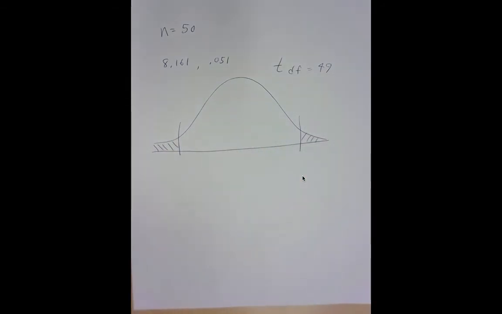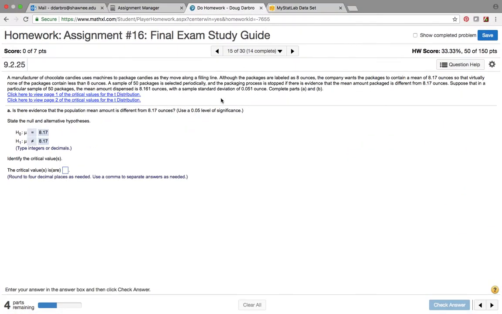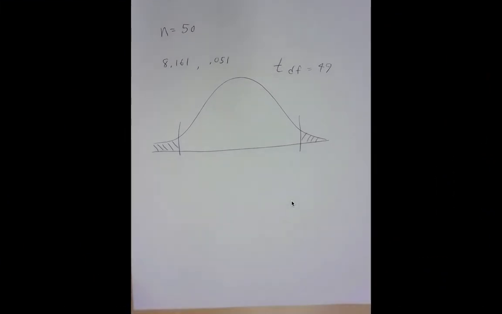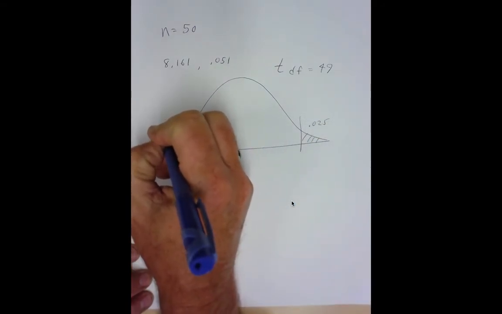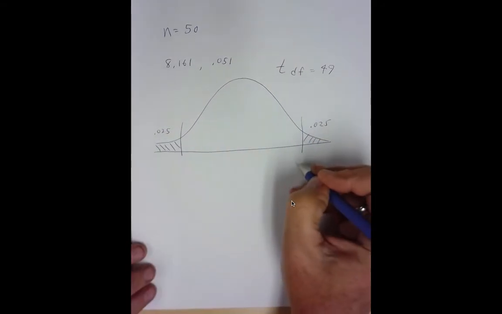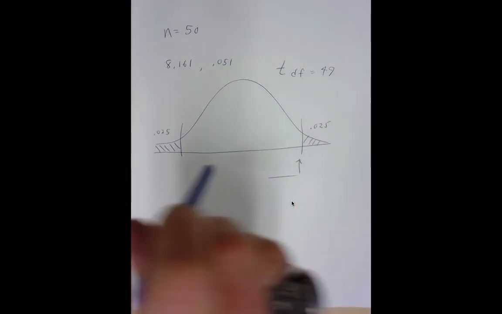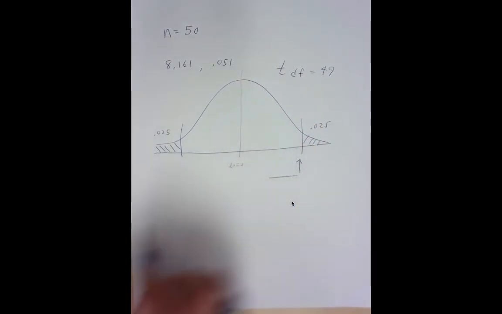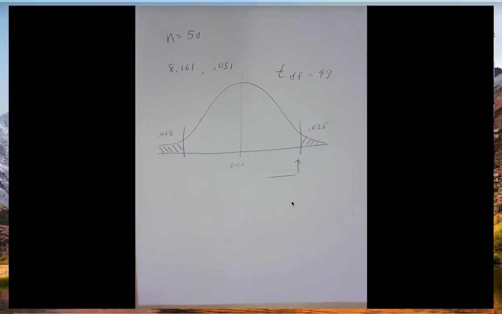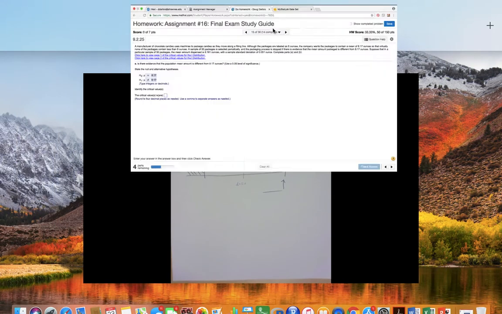So we want 0.05 total, half in each of these tails. We know this is the plus and this is the minus, because the mean of the t-distribution is equal to 0. Again, degrees of freedom is 49.